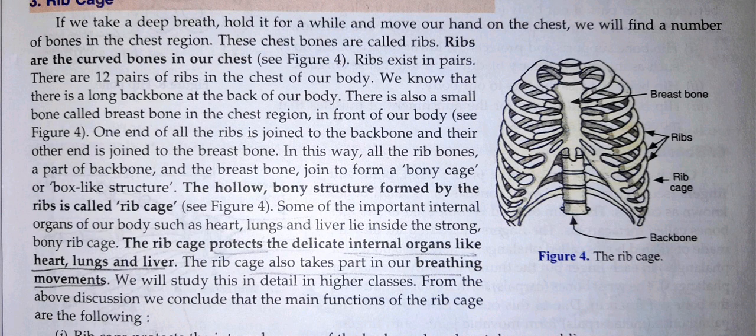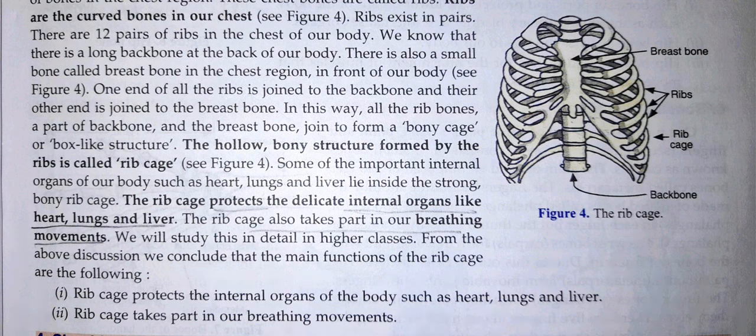It also takes part in the breathing movement. So these are the main functions of the rib cage. First, it protects the internal organs of the body such as the heart, lungs and liver. Second, the rib cage takes part in our breathing movements.